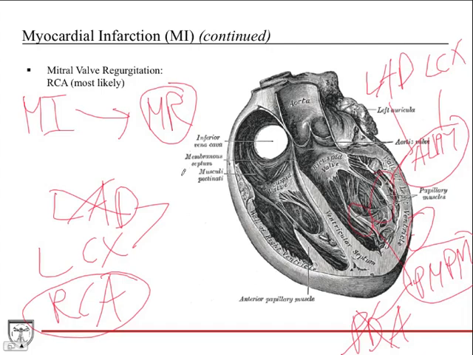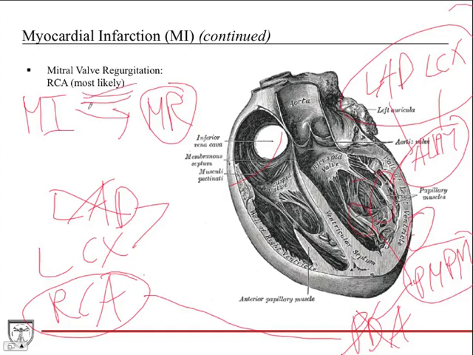So again, just to review this very quickly, right coronary artery, it wraps around, gives off the PDA on the posterior surface. That supplies this posterior medial muscle. It's the only blood supply. You cut off the right coronary, you lose this blood supply to this muscle. It's affected, and then you develop mitral valve dysfunction. This muscle has a dual blood supply, so it's not as likely as the right coronary.